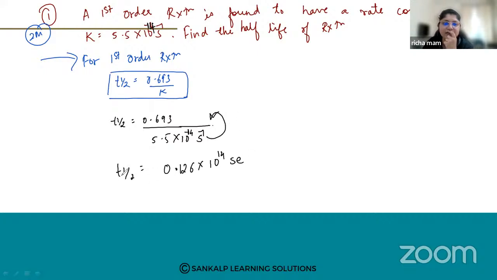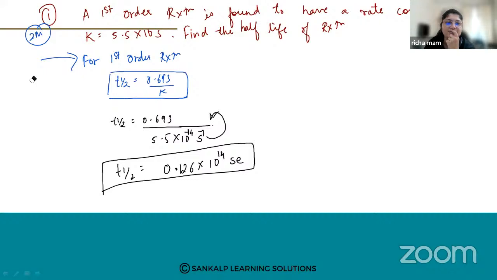So T half will be 0.126 into 10 raised to 14 seconds. So like this, the question is asked. So this is T half of the system. 1 mark for this and 1 mark for the answer with the correct units. Is it clear? Let us go for the next one. Shall we move to the next one?